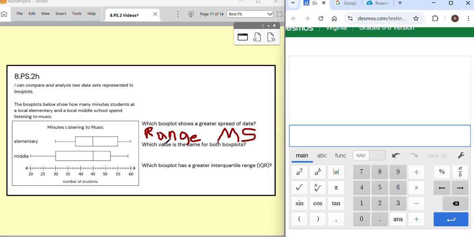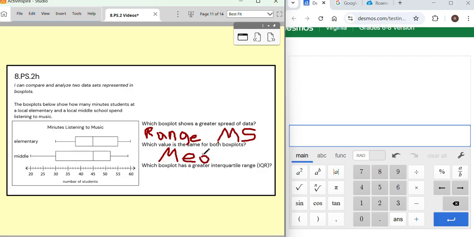Now it says, which value is the same for both box plots? Well, let's start here. Upper extremes are definitely different. Lower extremes are definitely different. Look at this. Both of their medians are 45. So their median is the same for both.